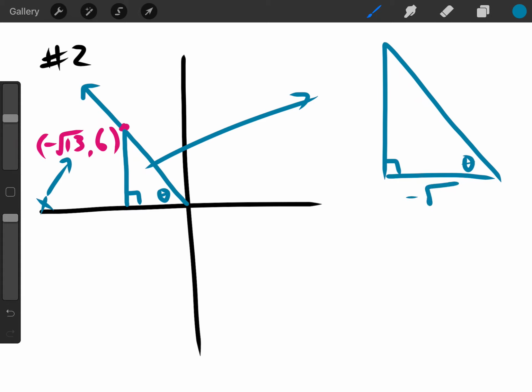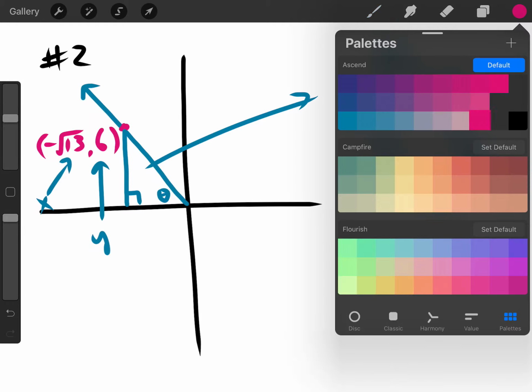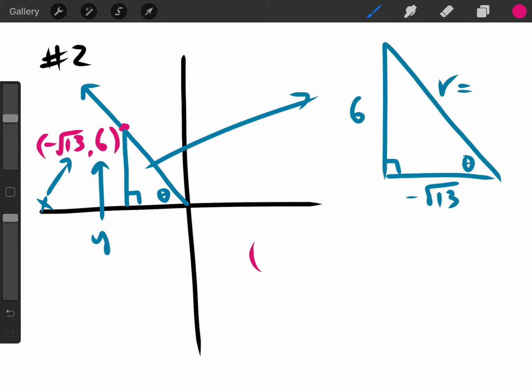So this is going to be negative square root of 13 right here. This is the y value. Y value is going to be the vertical. So it's going to be 6. Okay. Now you just have to come up with the radius, which is the hypotenuse. So you use Pythagorean theorem. So 6 squared plus negative square root of 13 squared equals r squared.